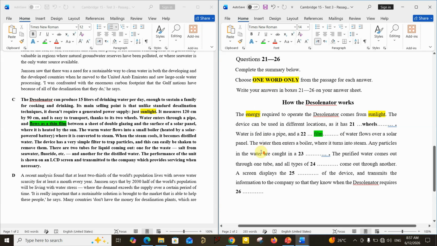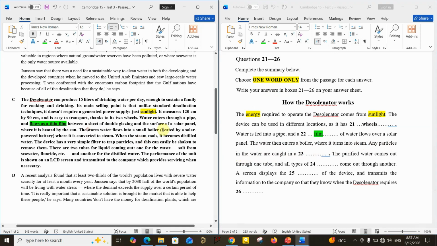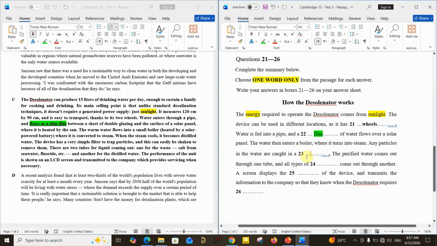The next question. The water then enters a boiler where it turns into steam. Any particles in the water are caught in a what? As you can see, first I read the sentence in the question, then I go back to the passage because I want to know where to look and what to look for.